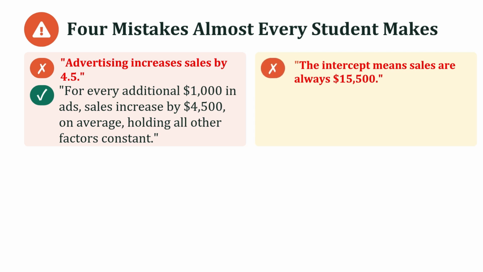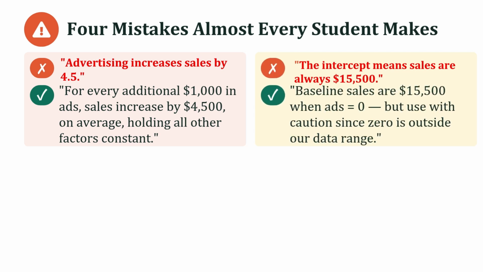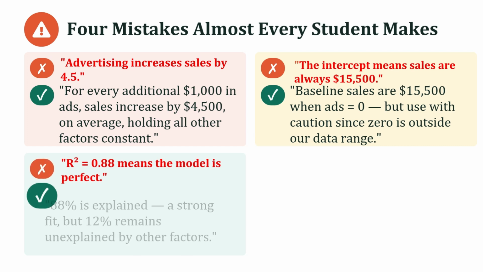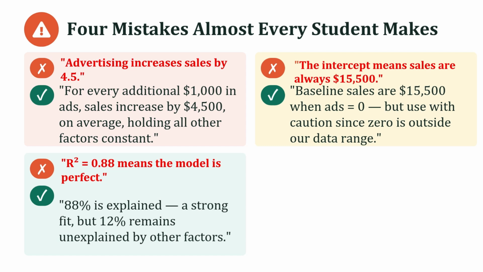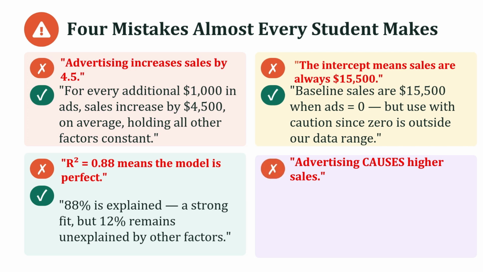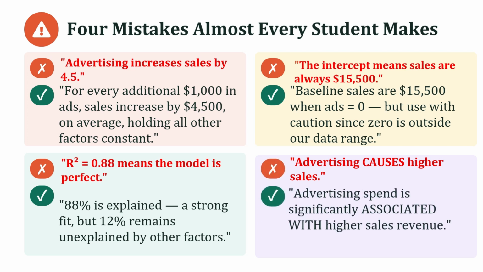You forgot 0 is outside the data range. 3. R squared of 0.88 means the model is perfect. Wrong. 88% explained still leaves 12% unexplained. 4. Advertising causes higher sales. Wrong. Regression never proves causation. Say, associated with, never causes.